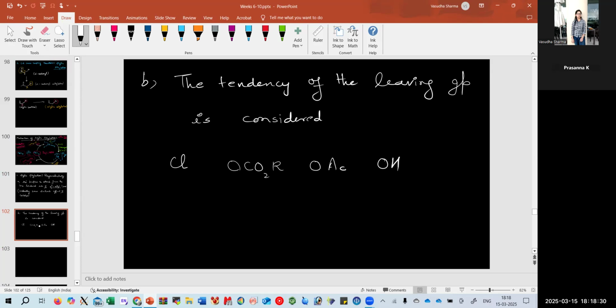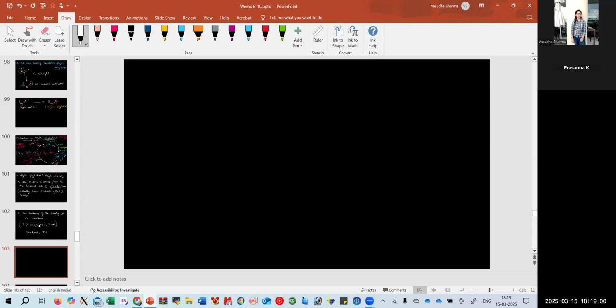Firstly, if you have these four leaving groups, chlorine would be the first one to go out, followed by this, and at last the OH. So this is comparative data where they have set up the reactions and performed them, and the rates have been calculated. Based on that, the trend has been given. And this has been formulated by Beckwell in 1992.